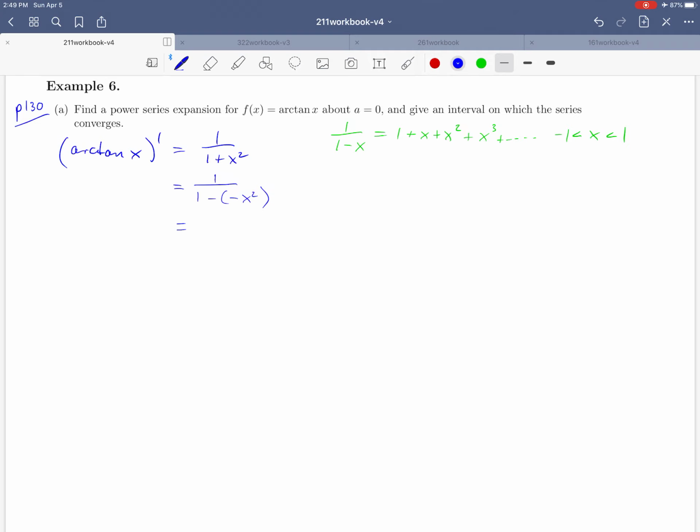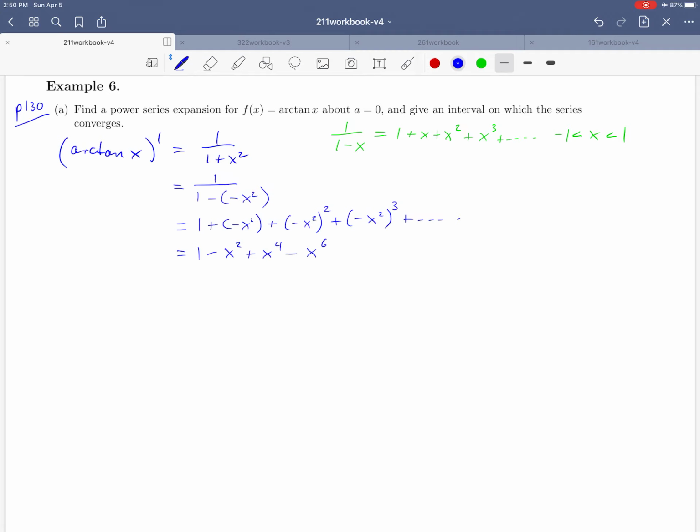So this becomes 1 plus (minus x squared) plus (minus x squared) squared plus (minus x squared) cubed, and so on. And when you multiply this out, you get a nice alternating series, 1 minus x squared plus x to the 4th minus x to the 6th.